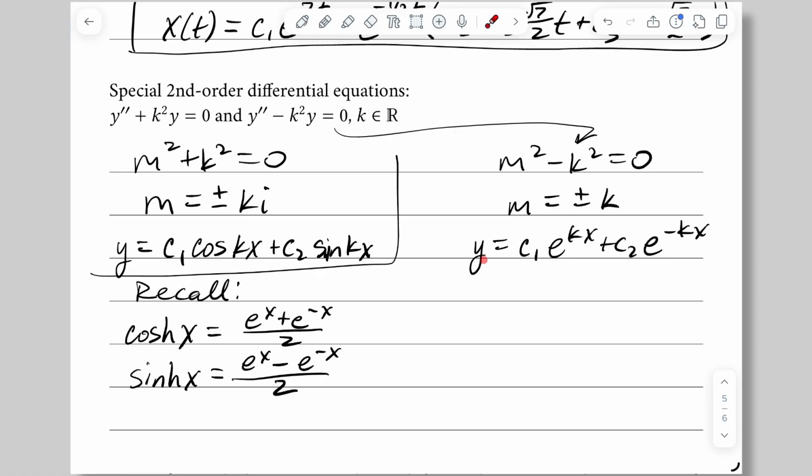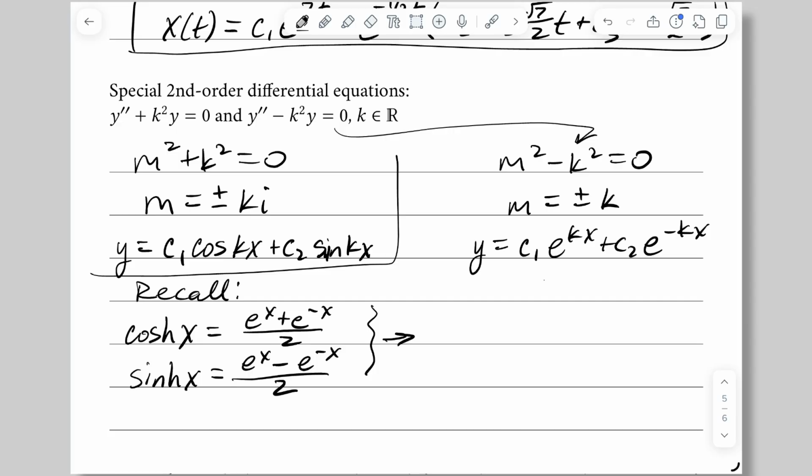Now in this general solution, y equals c1 e to the kx plus c2 e to the negative kx, if we were to let c1 and c2 both be 1/2, then this would give us the hyperbolic cosine. If we let c1 be 1/2 and c2 be negative 1/2, we would have the hyperbolic sine, which are linearly independent solutions.